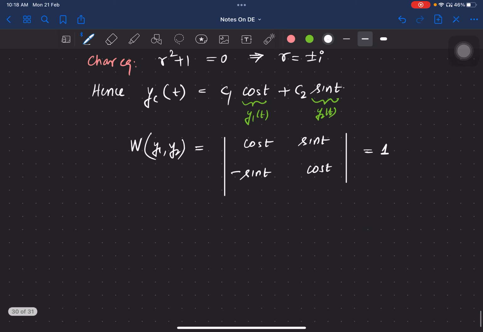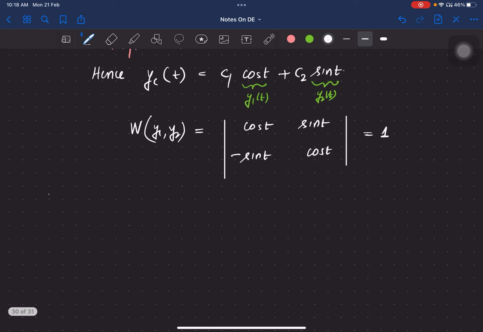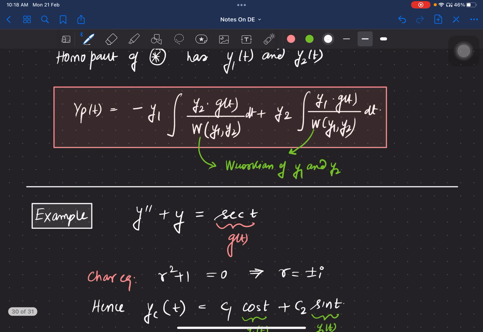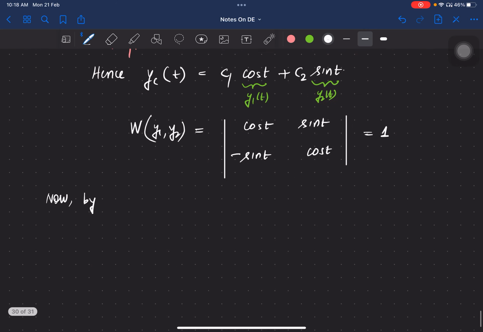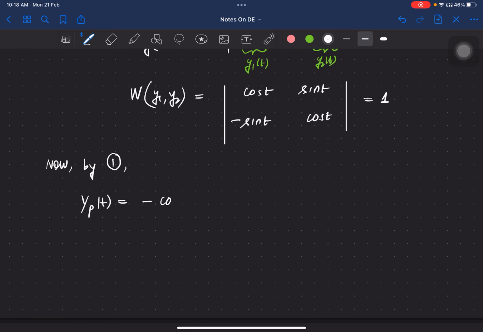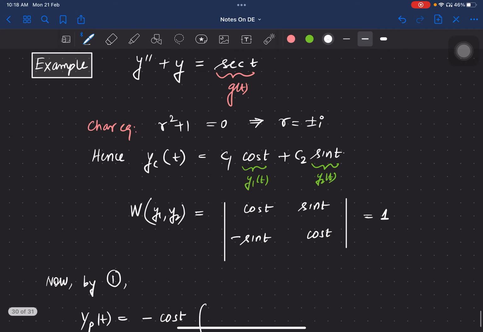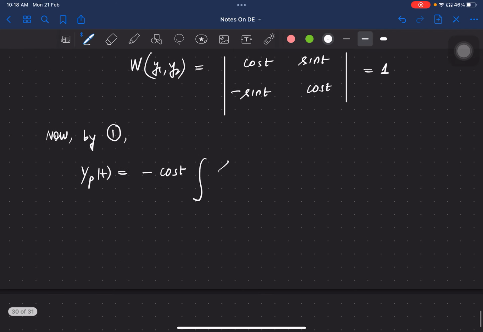Now by the formula, yp(t) equals minus y1, so minus cos t times the integration of sin t times sec t dt. The denominator is 1, so we don't have to think much about it.